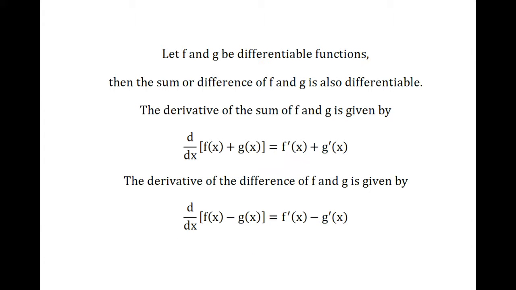The derivative of the sum of f and g is given by d over dx of f of x plus g of x is equal to f prime of x plus g prime of x. The derivative of the difference of f and g is given by d over dx of f of x minus g of x is equal to f prime of x minus g prime of x.